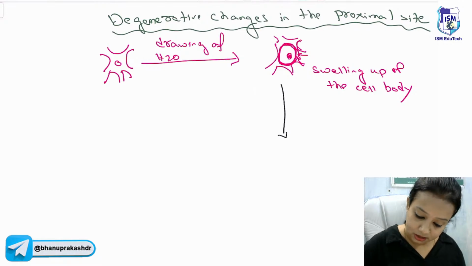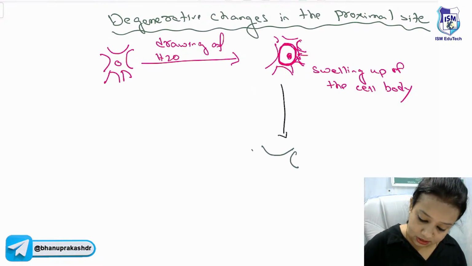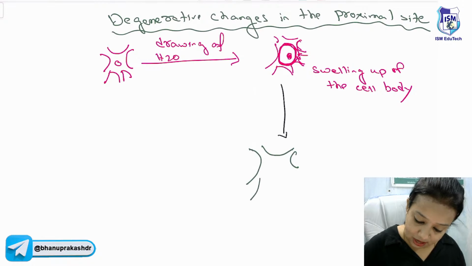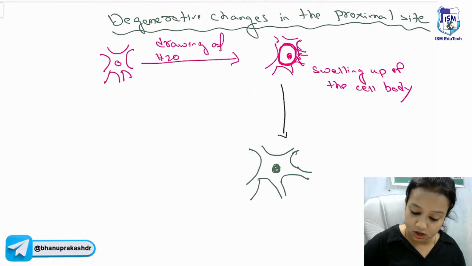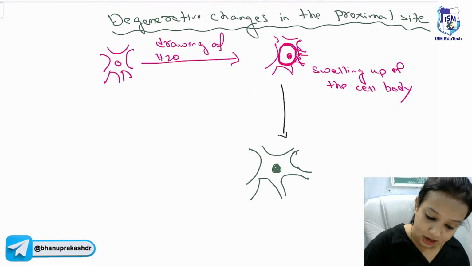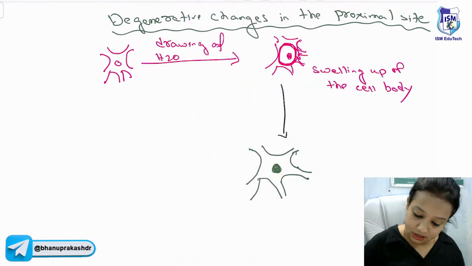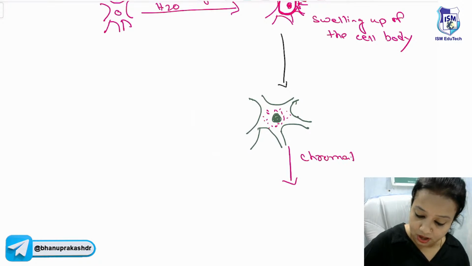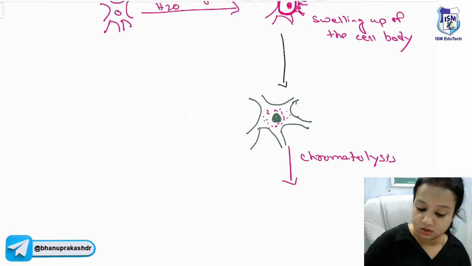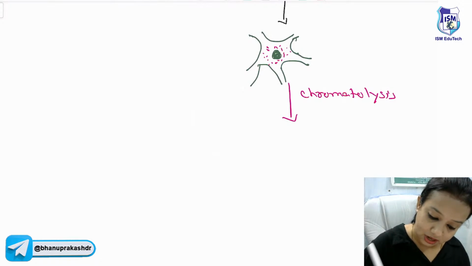Now, after swelling up of the cell body, there will be chromatolysis. We know that a neuron has endoplasmic reticulum, which we called Nissl, and under the microscope they appear purplish, right? So this cell body will undergo chromatolysis. What will happen in chromatolysis?